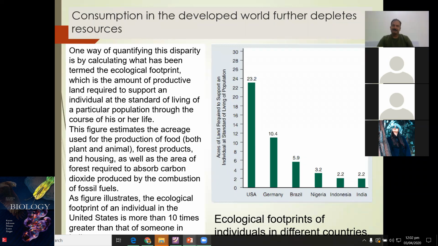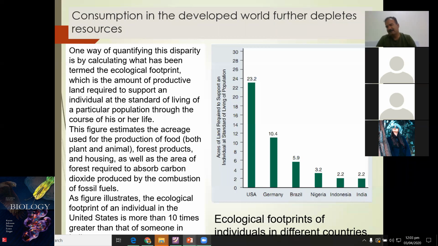In this figure, we have studied ecological impact. In United States, people are consuming more natural resources like fertile land, space for living, roads and other facilities.